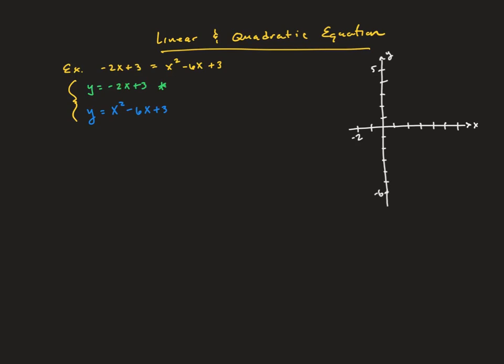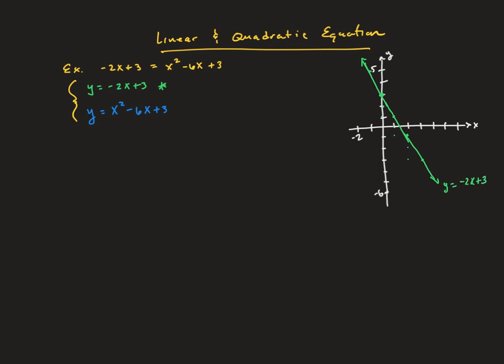So if I start off at 3, there we go, I'm going to go down 2 over 1, down 2 over 1, down 2 over 1, and let's see, if I go up 2, back 1. Now I can connect my linear equation as I graphed it, and again that is y equals negative 2x plus 3.